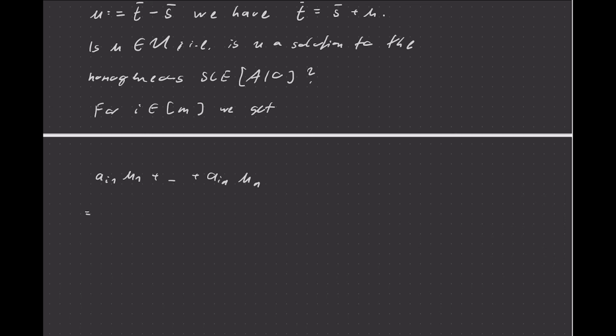Well, let's substitute what we know about U. We know that U is equal to T bar minus S bar, so U1 is T1 bar minus S1 bar, and so on, up to UN, which is TN bar minus SN bar.